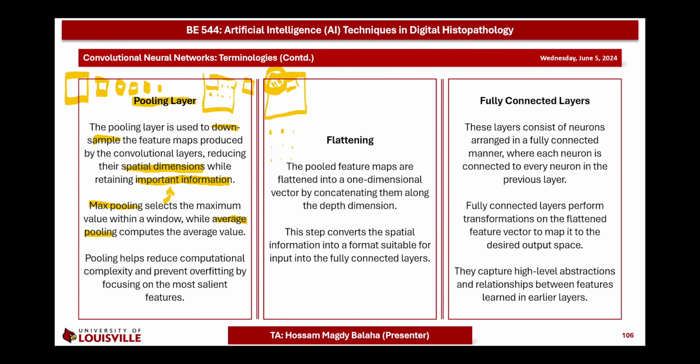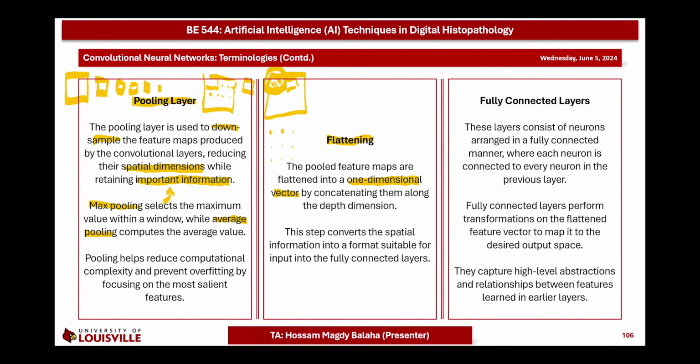You can apply a set of convolutional layers with cascaded pooling layers until a certain point, after which you apply something called flattening. In flattening, you are going to convert the feature maps, which are in any dimensions such as 2D or 3D, into a one-dimensional vector.